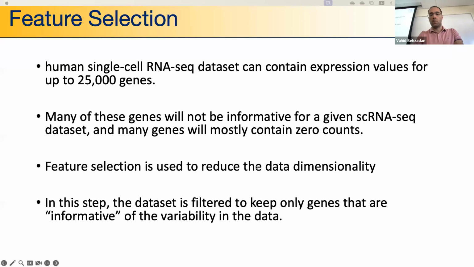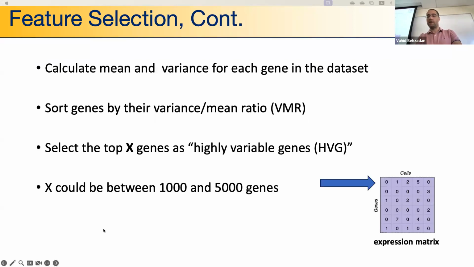As I said, we still need to reduce the dimensionality of our data, and we only need to keep genes that are informative of the variability in our data. So we do it very easily. We work on rows now. We calculate the mean and the variance of each gene, of each row, and then we get a ratio. We calculate the variance-to-mean ratio and select the top genes as highly variable genes.